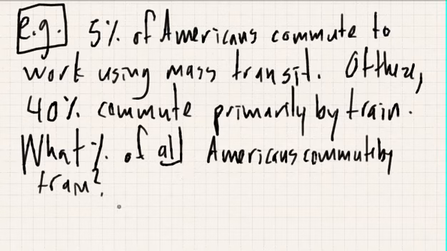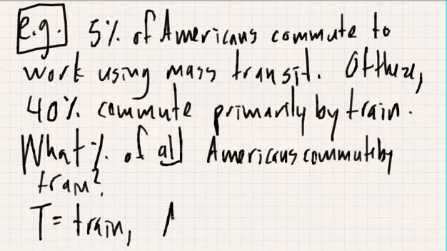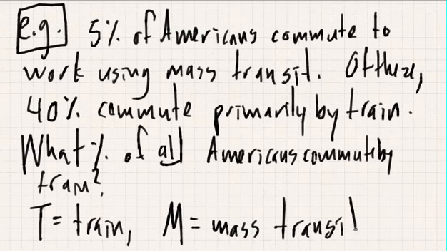So let's consider the two events. Let T be the event that somebody travels by train. Let M be the event that somebody travels by mass transit. What we would like to find out is the probability that somebody travels by train, period.